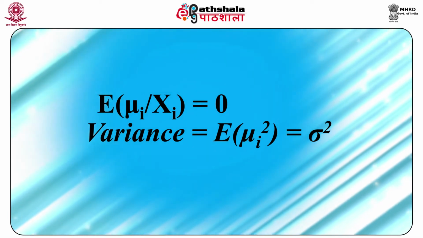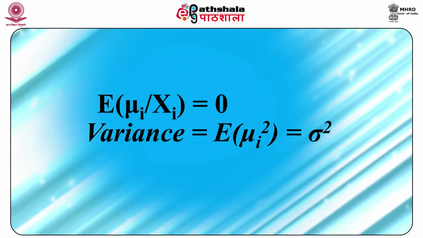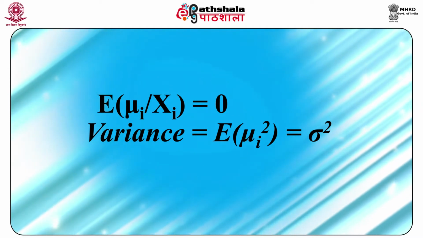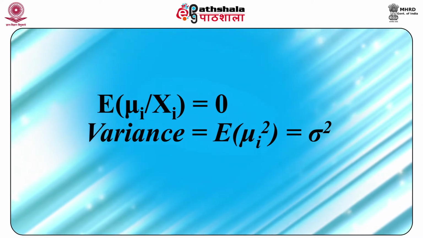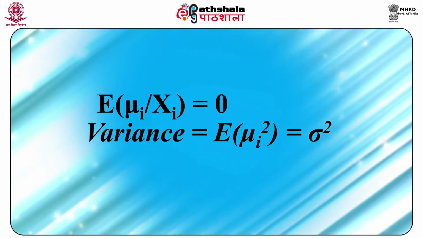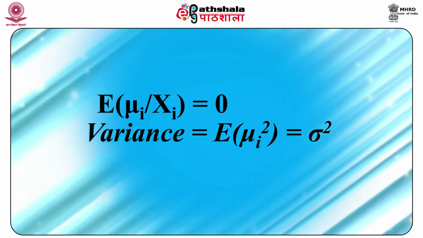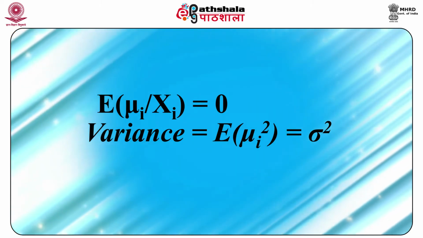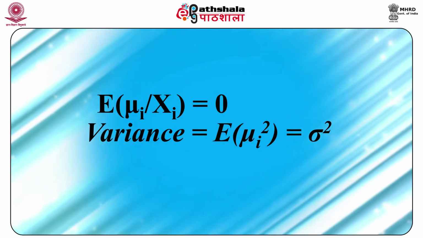As from assumption 3, expected value of mu i given xi is equal to 0, therefore variance is equal to expected value of mu i square and is equal to sigma square as per this assumption.